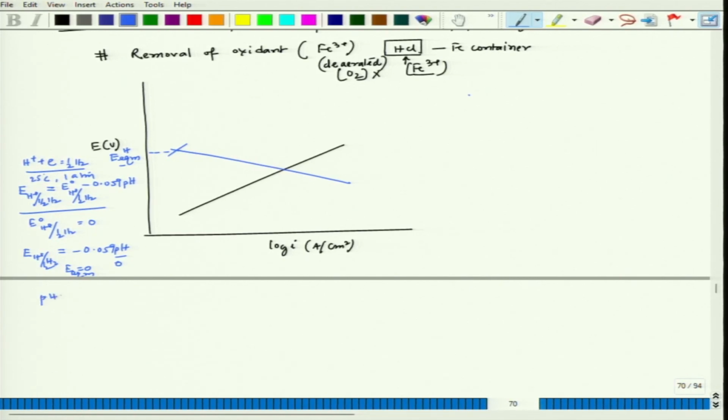If pH is 1, then E for H plus half H2 would be equal to minus 0.059 volt. Okay. So, this is my equilibrium potential, and how does it appear?